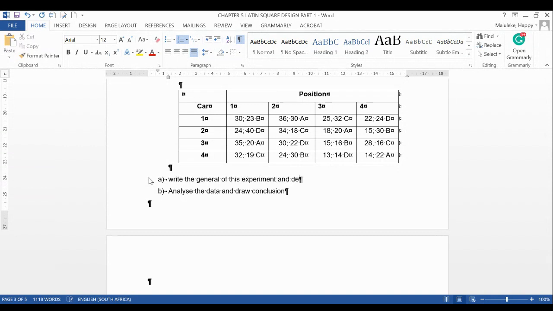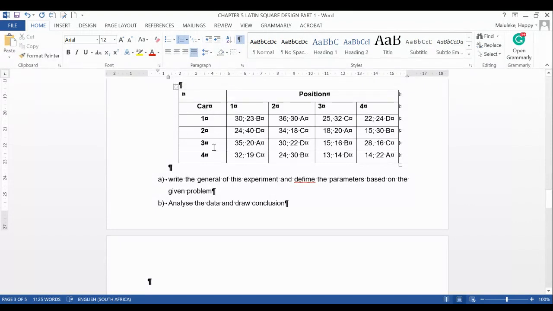and define the parameters based on the given problem. What do we mean by this, guys? You know that your rows are cars.